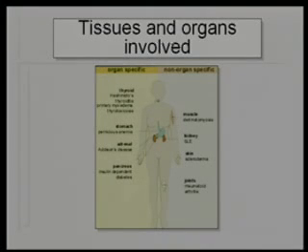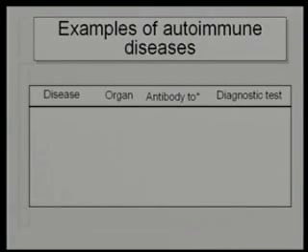And here, non-organ specific: muscle, dermatomyositis; kidney, SLE; skin, scleroderma; joints, rheumatoid arthritis. In rheumatoid arthritis, the antibody is not against the synovial membrane or synovial components. The antibody is against IgG, immunoglobulin. It forms immune complexes, causes inflammation, and causes damage to the joints. So those are the examples of non-organ specific. Okay.